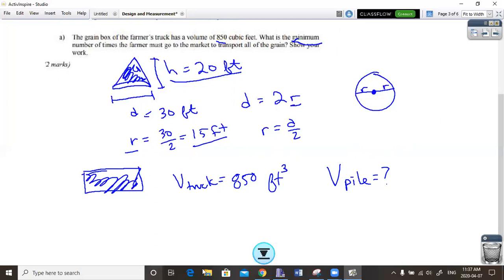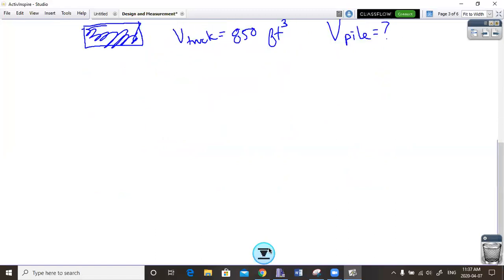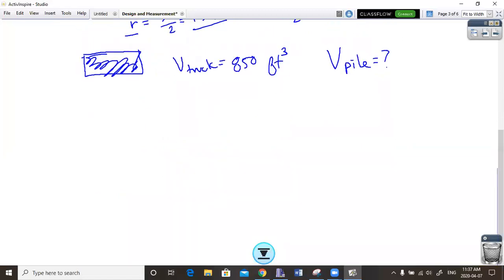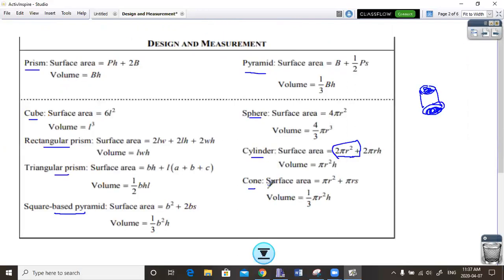The first thing we're going to do is solve the volume of the pile. It's a cone shape, so we go back to our formula for the volume of a cone. It's 1/3 pi r squared h, or pi r squared h divided by 3.